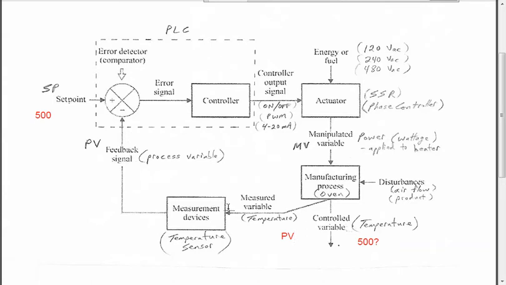And that would have originated maybe from a thermocouple, which is millivolts, and then that would be taken from millivolts with a transmitter, it would be converted to 4 to 20 milliamps that represent the millivolts, which represent the temperature. So you can see there's places where you could lose accuracy all along this feedback path, getting it back to the PLC.